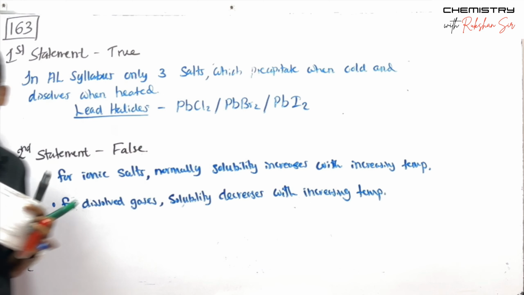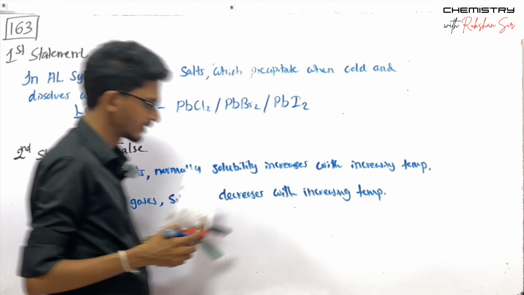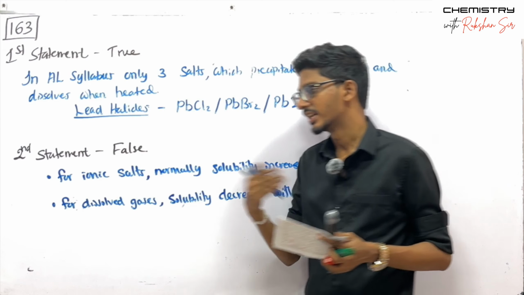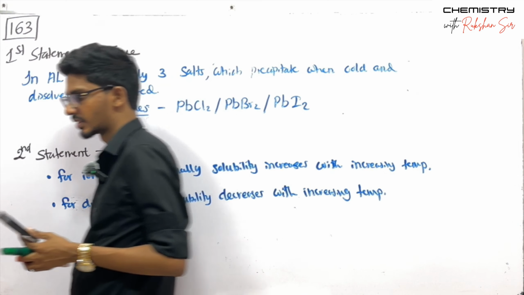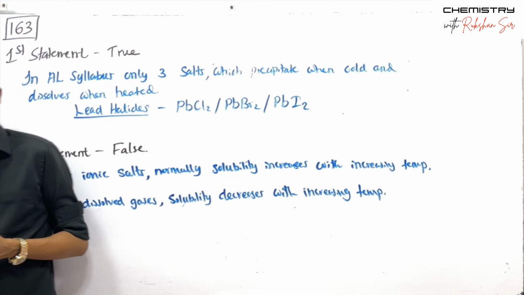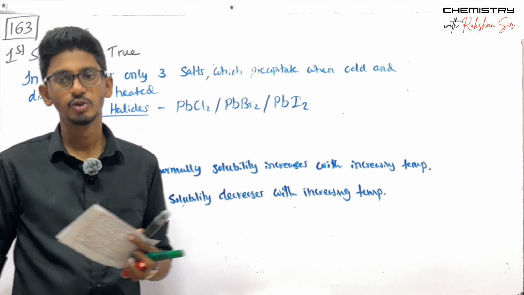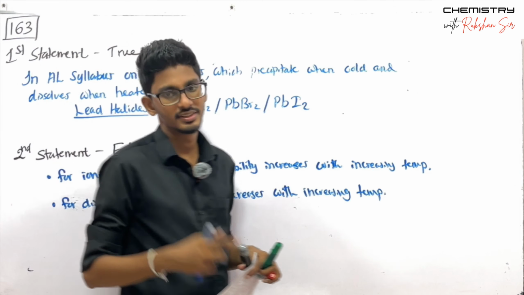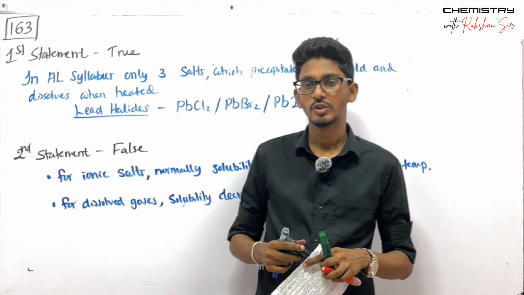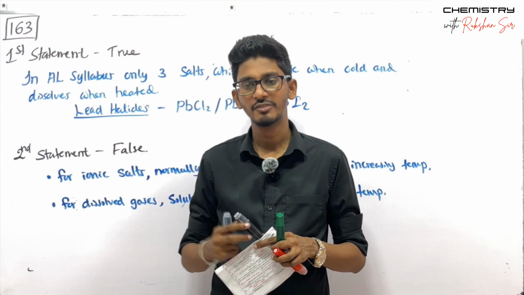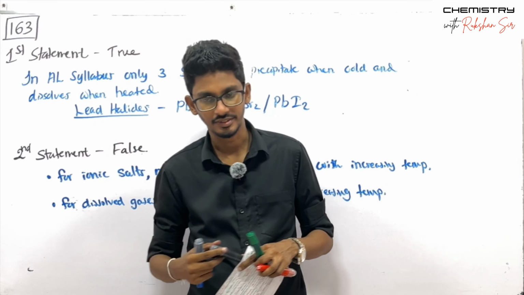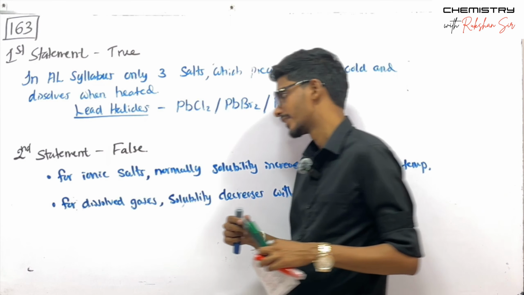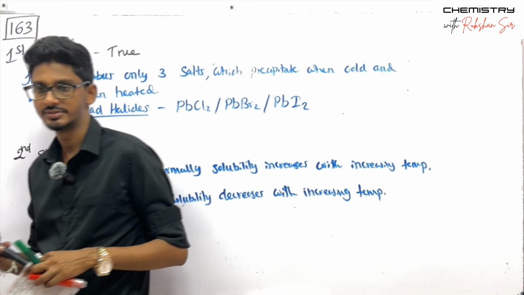Gases dissolve in water only by forming secondary interactions with water molecules, some kind of weak interactions. Those interactions will break easily when you heat the system. So trapped gas molecules will release from the water layers. So solubility decreases for dissolved gases as the temperature is increased.